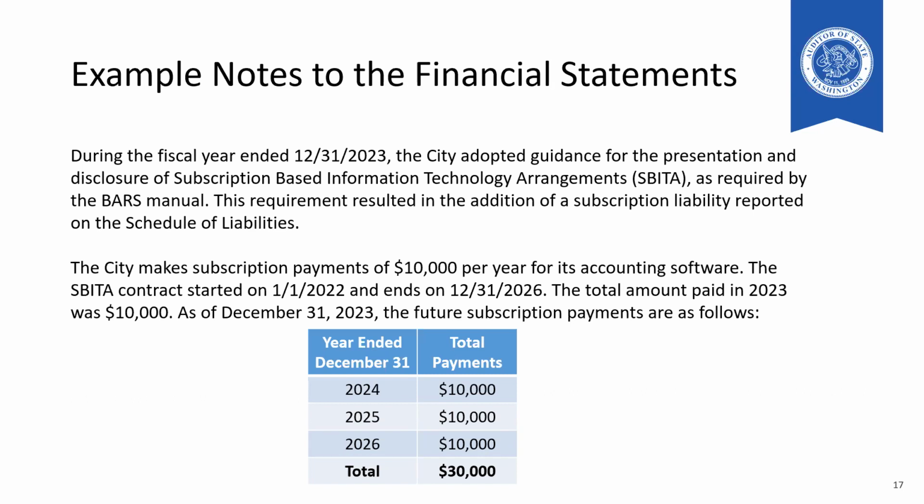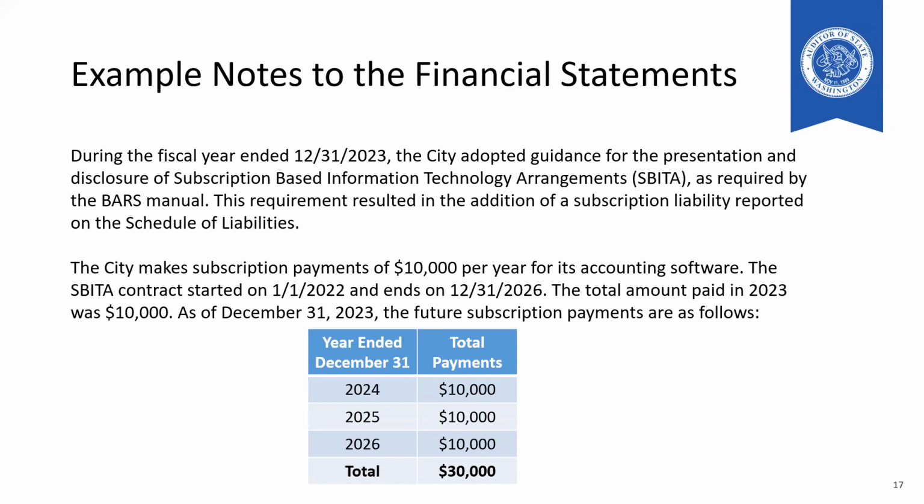The amount paid in 2023 was $10,000. And the final item that you have to include is a table of future subscription payments. So in this case, we still have a payment to make in 2024 and 2025 and 2026. So that's what's included in our future subscription payment table.